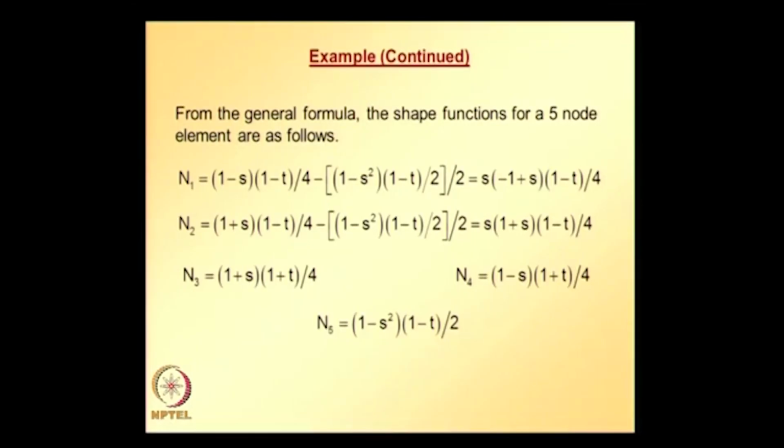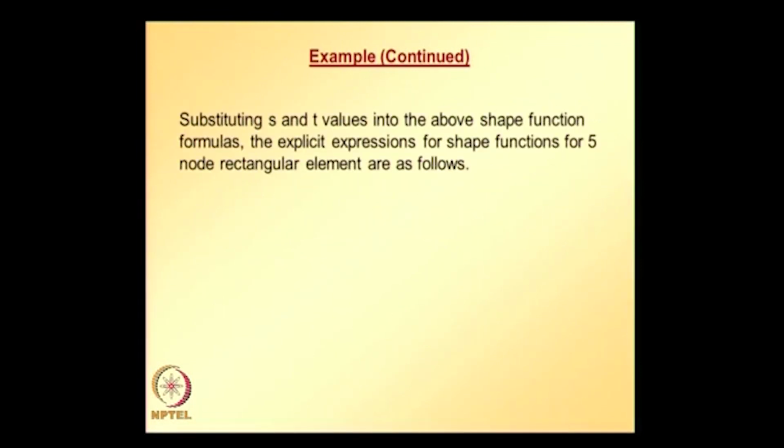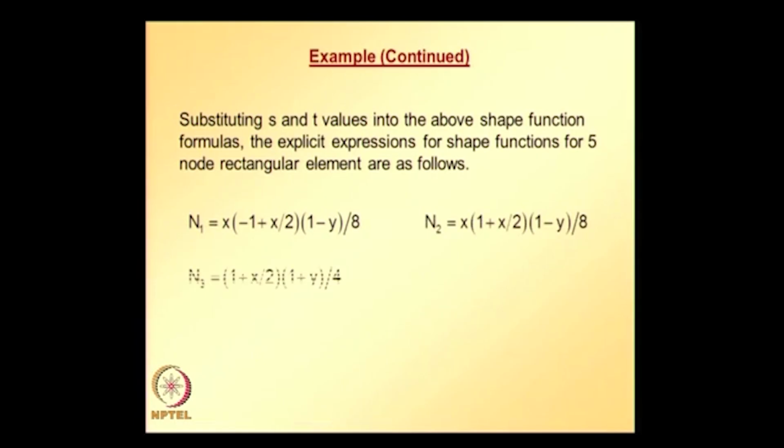So, substituting that into these expressions N1 to N5, we get shape functions for this particular element. Substituting s and t values into the above shape function formulas, the explicit expressions for shape functions for the 5 node rectangular element can be obtained as given here: N1, N2, N3 in terms of x and y, N4, N5.